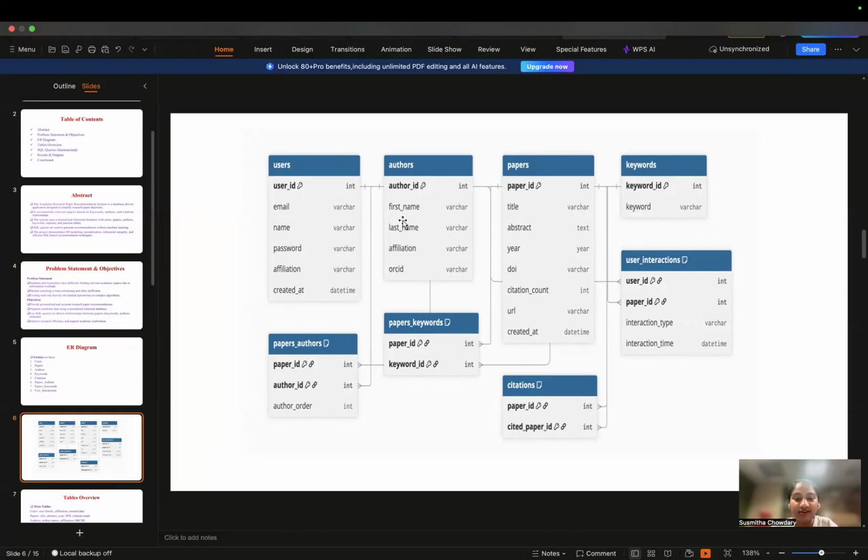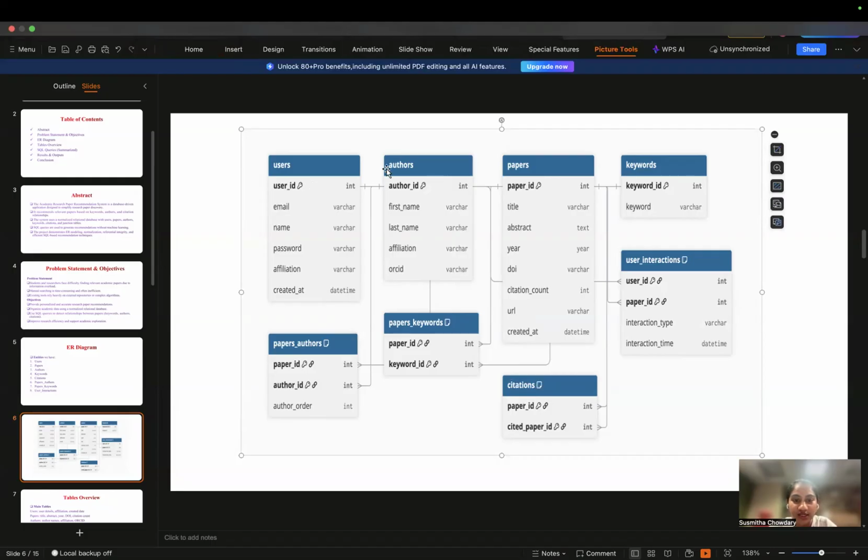Because papers can have multiple authors and multiple keywords, these relationships allow us to connect papers with authors and topics, which is essential for generating recommendations. The citation table shows which papers have reference to each other, enabling citation-based recommendations.